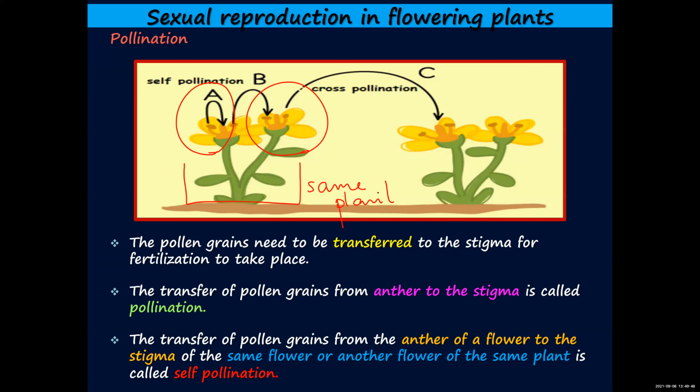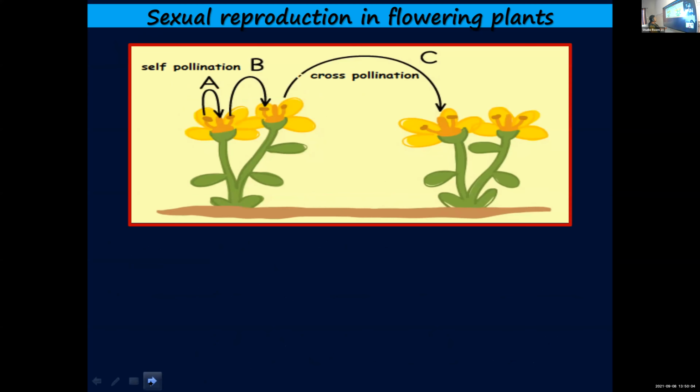Once again, the transfer of pollen grains from the anther of a flower to the stigma of the same flower or another flower. If it is another flower, that should be of the same plant. Okay? Now, let's see what is cross-pollination.